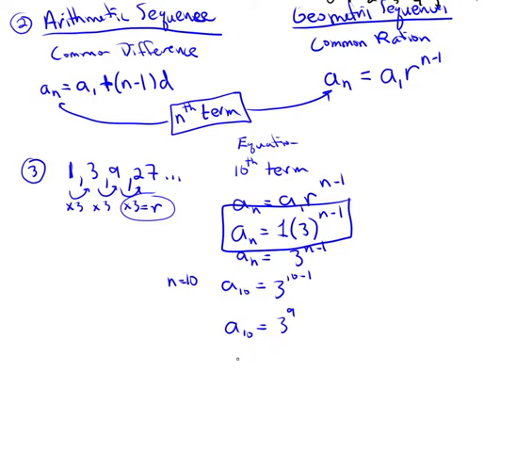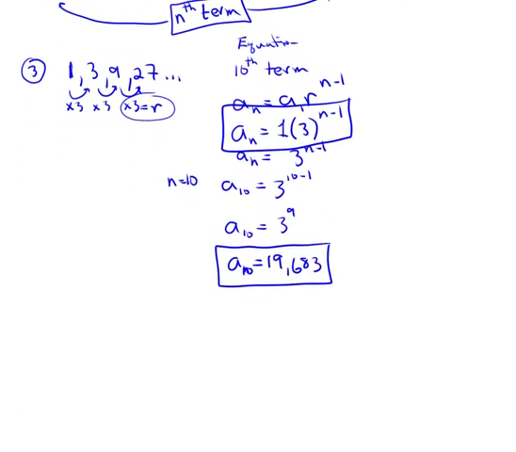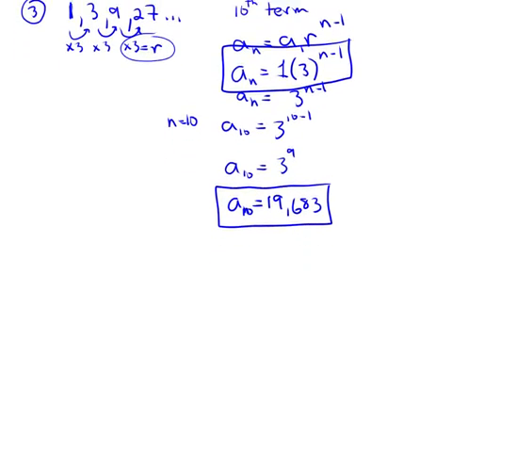That one I probably need to type into my calculator. When I type that in, I get 3 times 3 times 3 times 3 times 3 times 3 times 3 times 3 times 3, and it's 19,683. It doesn't seem like that number is divisible by 3, but it is, because if you add up the digits, they add up to a number that's divisible by 3. So that is our 10th term.